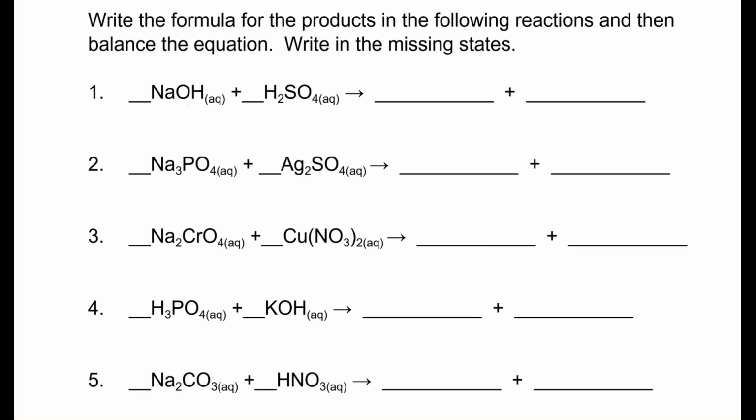Anytime you see a metal with a hydroxide reacting with an acid here, the sodium and the hydrogen are going to swap places. When they do, you're going to get H with the OH. So just write it as H with the OH. That's water, right? So that's 100% that's water.